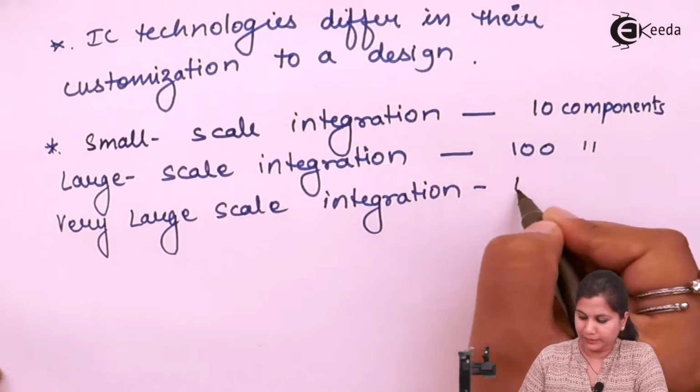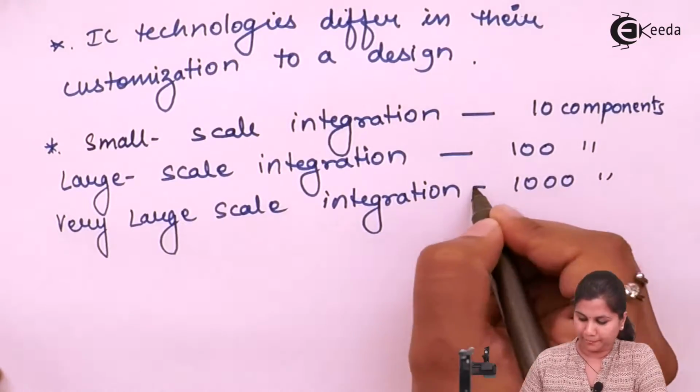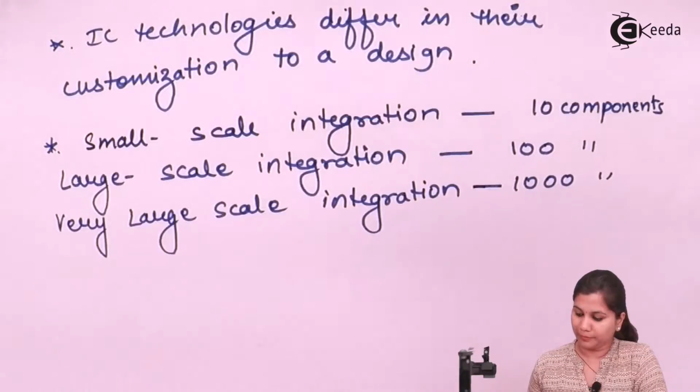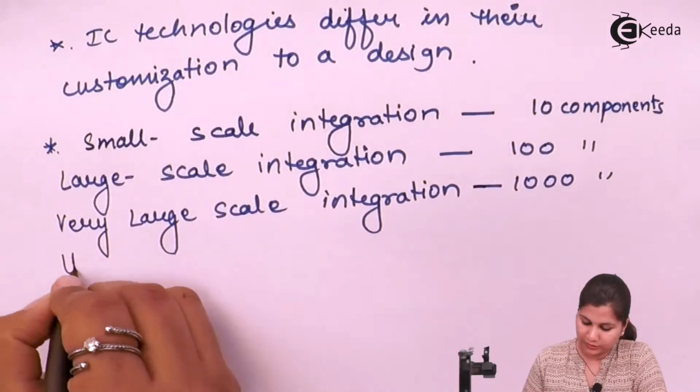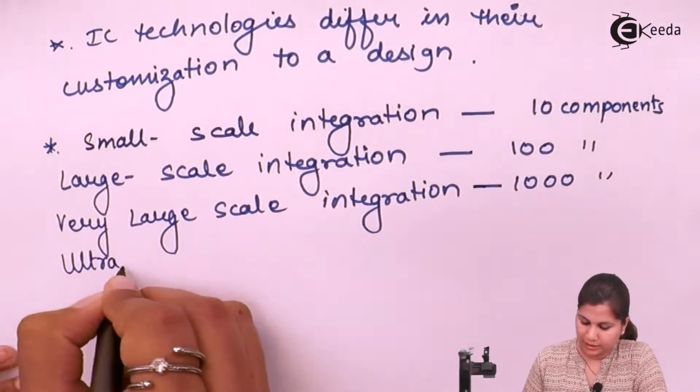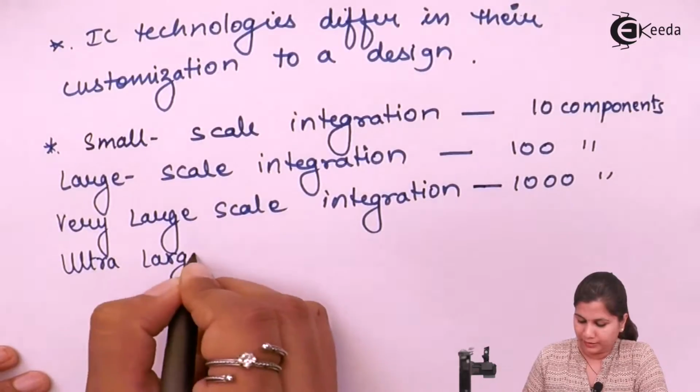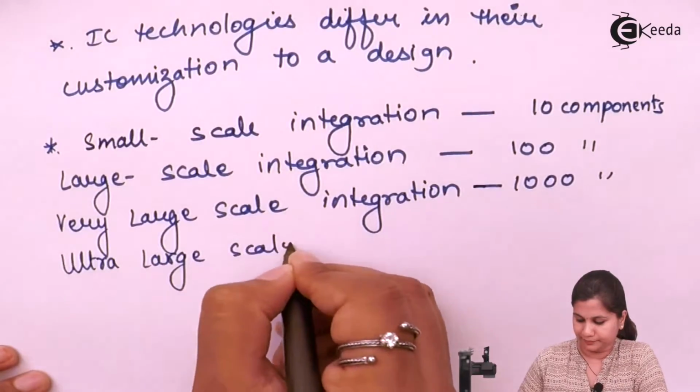If more than 1000 components are present, that is called ultra large scale integration.